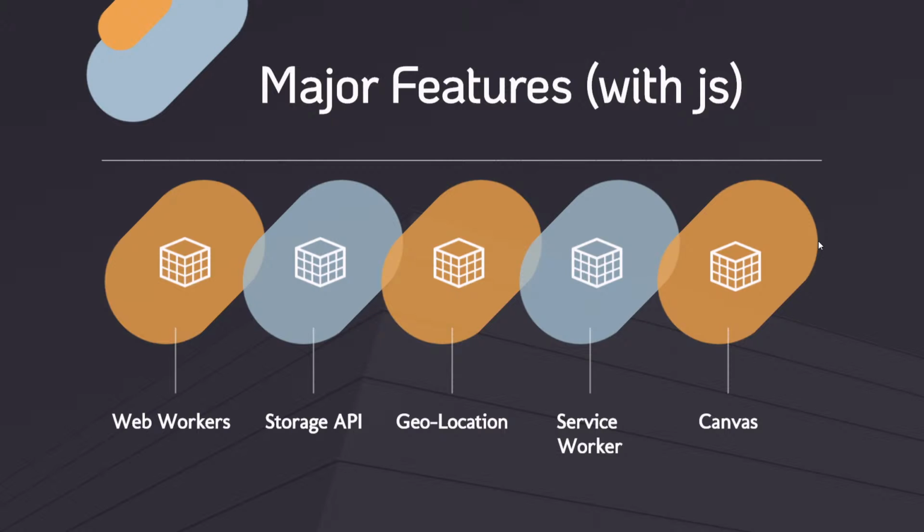Then you have storage APIs. As I said, these features have evolved over the years. They were expected from the web out of the box but were not there, so they were polyfilled using different libraries and frameworks. Storage APIs allow me to store some information on the client side.